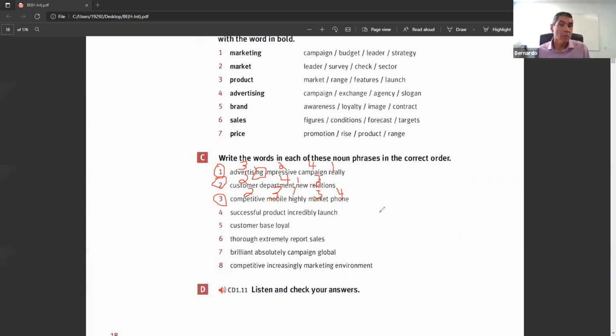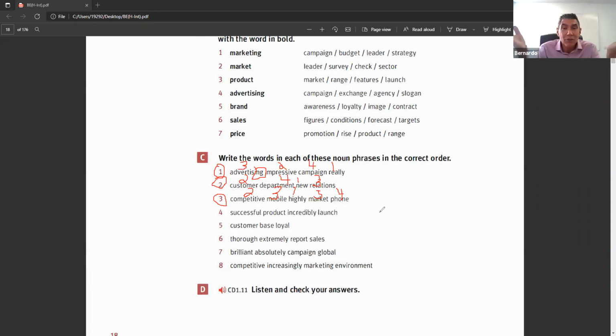So what kind of mobile phone market? I have to keep repeating it. It's competitive. What about it also? It's highly. So you see, I can repeat these words over and over. These nouns, these words work so well together. I can change it. I can say a new, a beginning competitive mobile phone market, right?